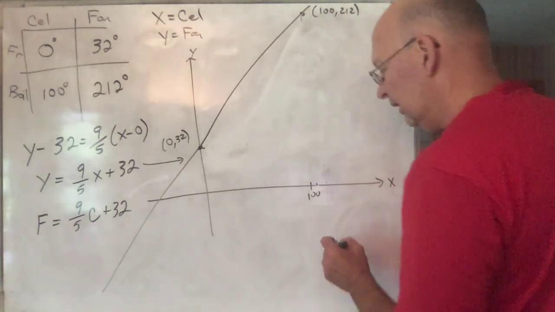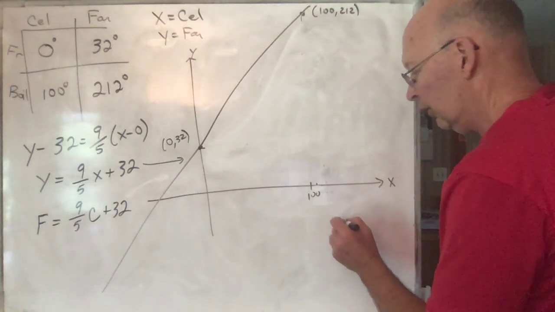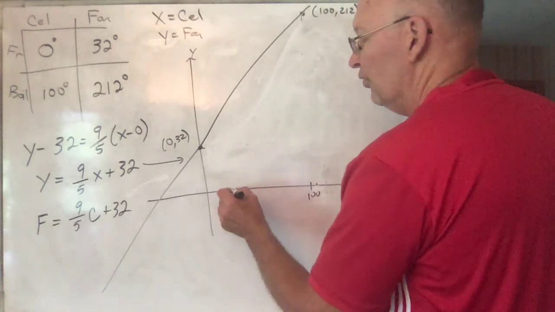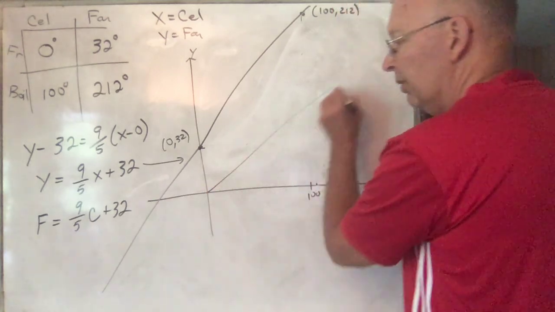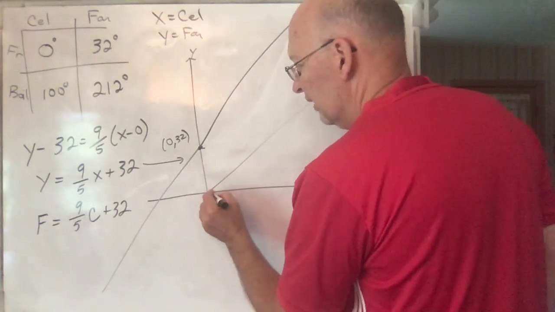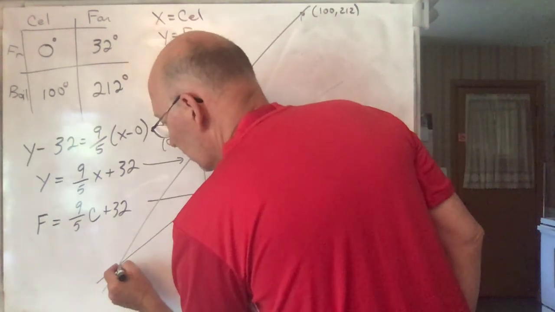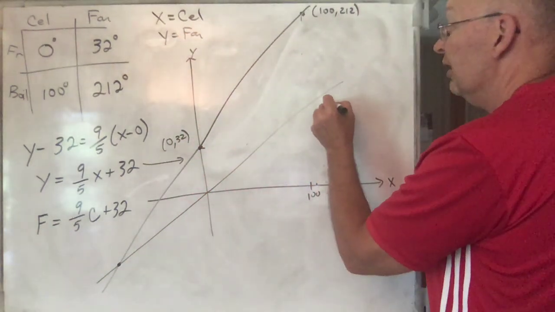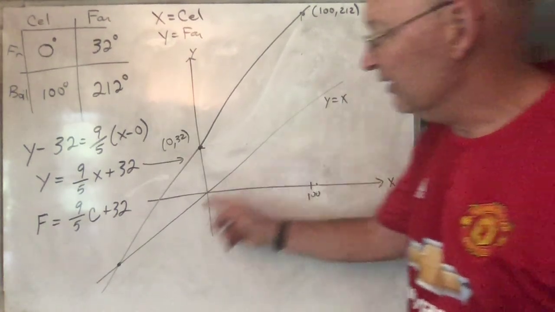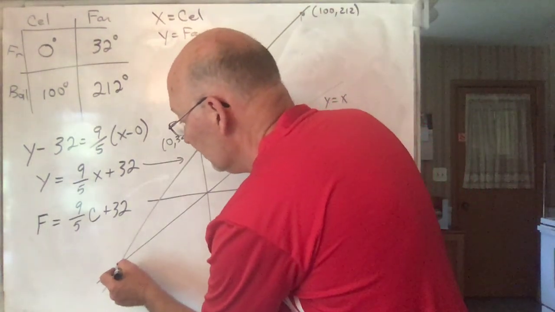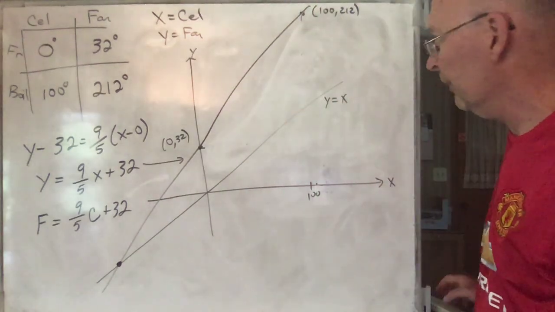When is Y equal to X? When is Fahrenheit equal to centigrade? So if I graph the line Y equal to X, it's going to have a slope which is not as high as that one. It's going to have a slope of 1. Y equals X has a slope of 1. And I can see just by looking at it, there's going to be some temperature here where those two temperatures are the same.